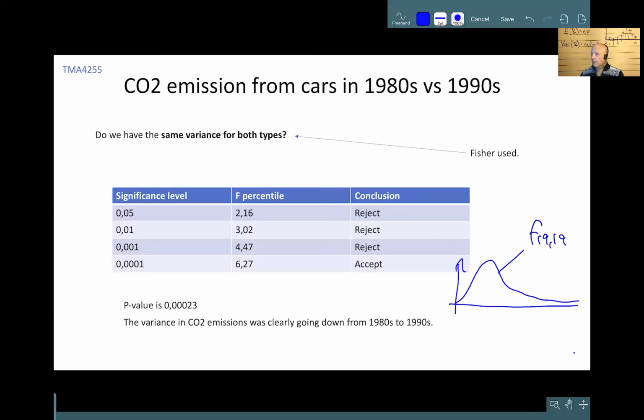And then we see, okay, if we look at only the 5 percentile at the top here, the one that leaves 5% in this direction, so F 0.05, that is 2.16. So if this was our significance level, and we observed F equal to 5.57, that was observed.